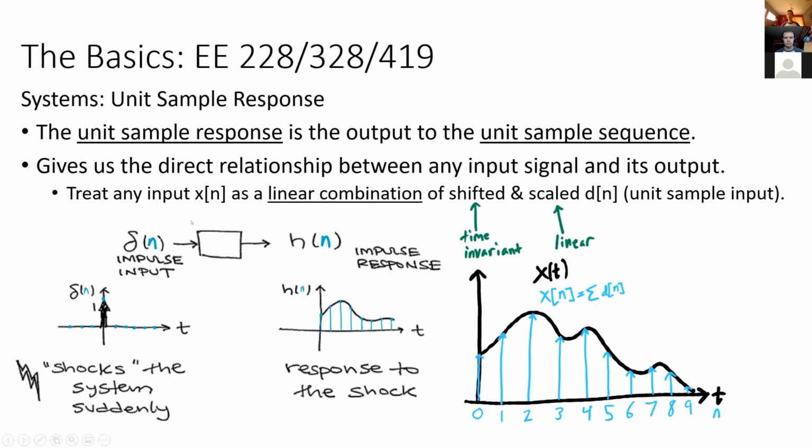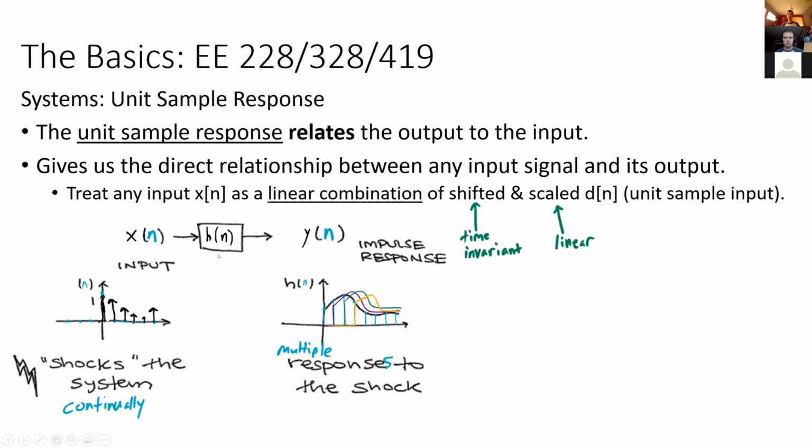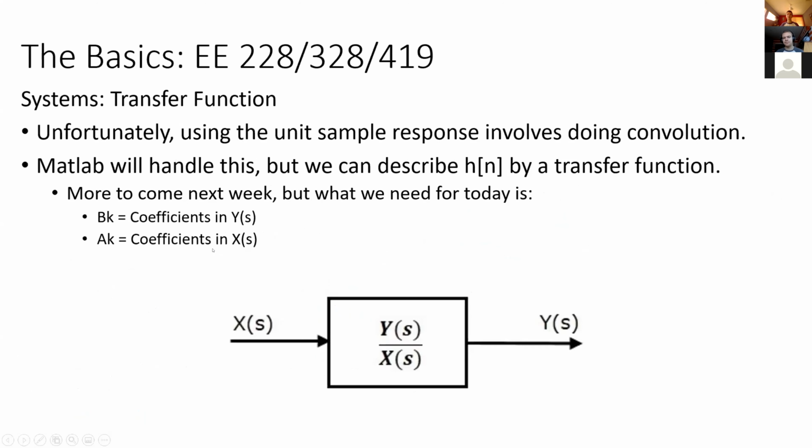So all of the information is contained in here, which means that we're actually multiplying, in quotes, the input by this h of n. And it's actually not quite multiplying, it's convolution, which you might have done in DE. But luckily we don't need to know convolution, at least not yet.